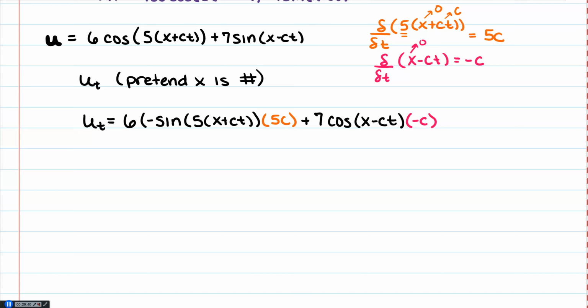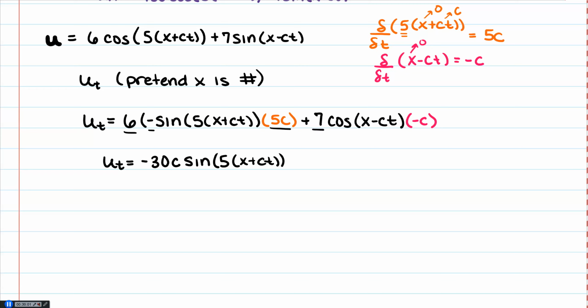And now we'll just rewrite that, just clean it up a little bit. So I have u sub t is equal to, let's see, 6, negative, and 5c makes negative 30c sine of (5x plus ct).